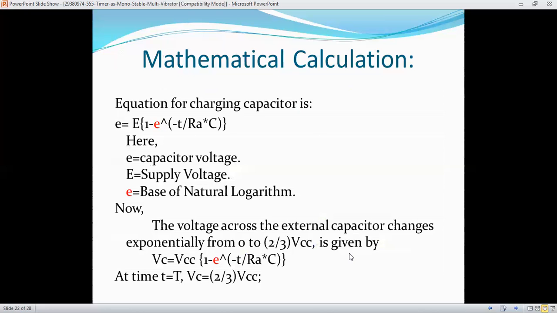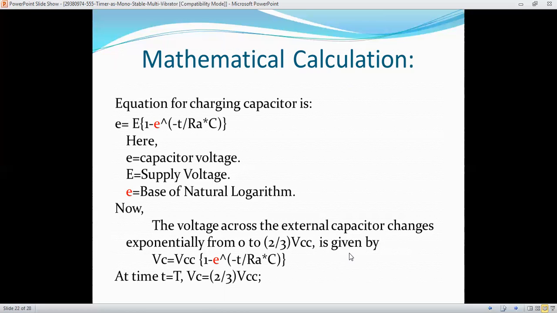Similarly, the mathematical equation for charging the capacitor is E = E1(1 - e^(-T/RaC)). Here E is the charging capacitor voltage, E1 is the power supply, and small e is the base of the natural logarithm.